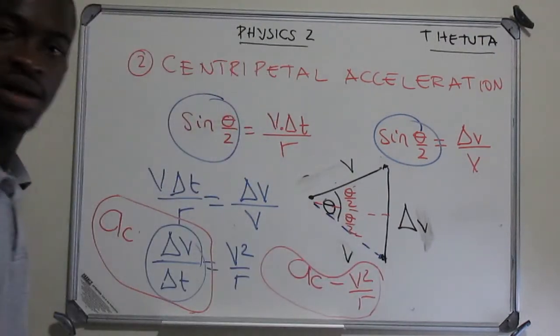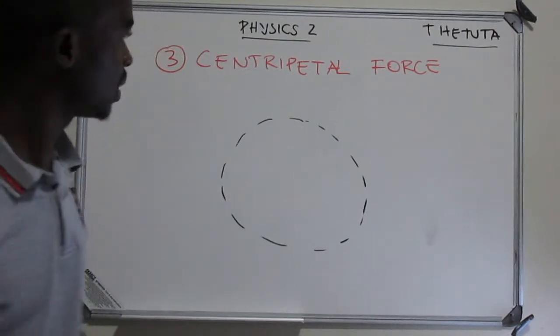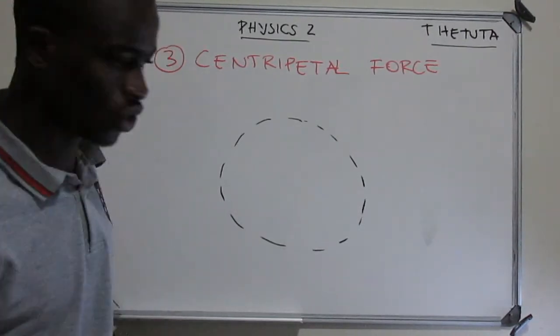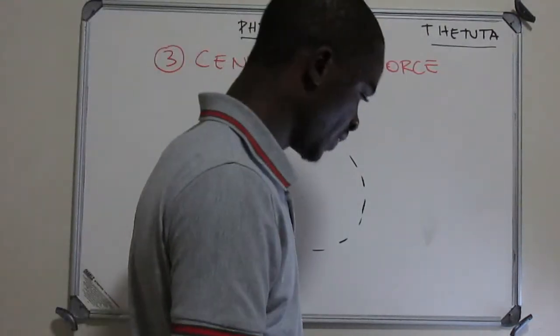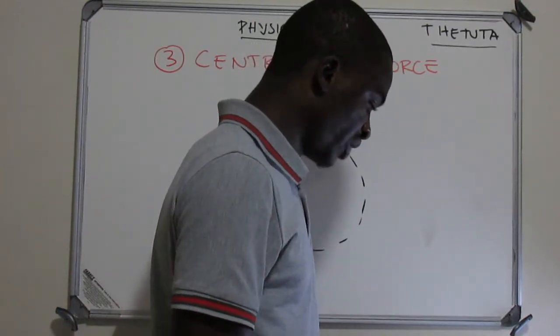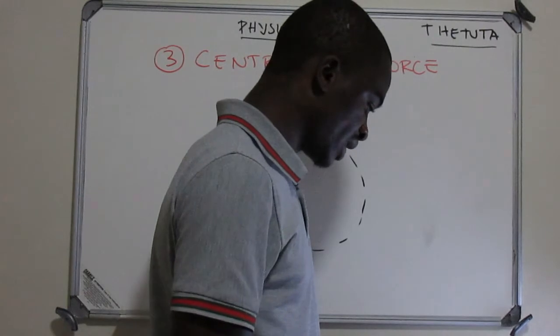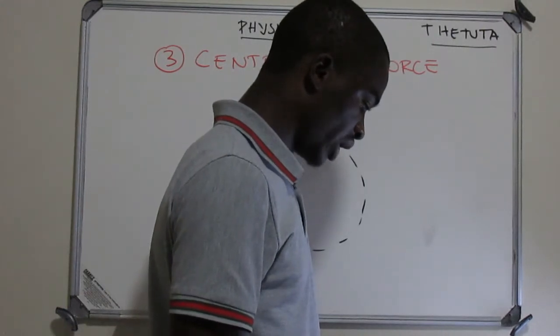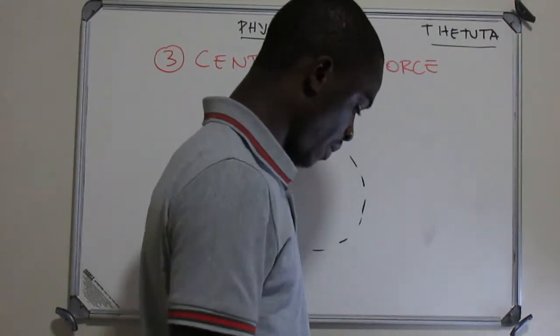And that's it. Then we're going to talk about the centripetal force. By definition, it is the net force required to keep an object of mass m moving at a speed v on a circular path of radius r.